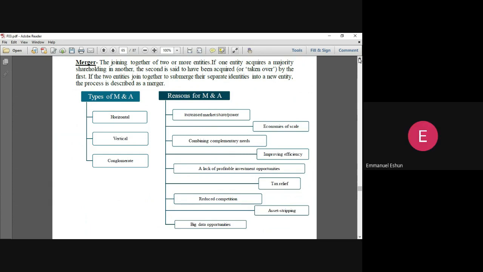I think when we go for vertical integration, yes, vertical backward is also there, vertical forward is also there.